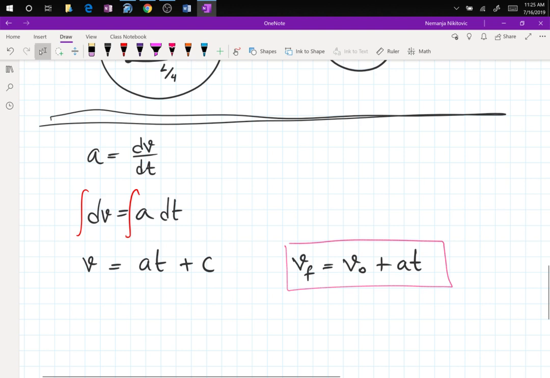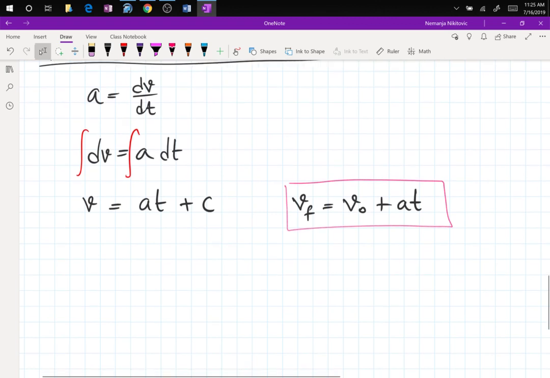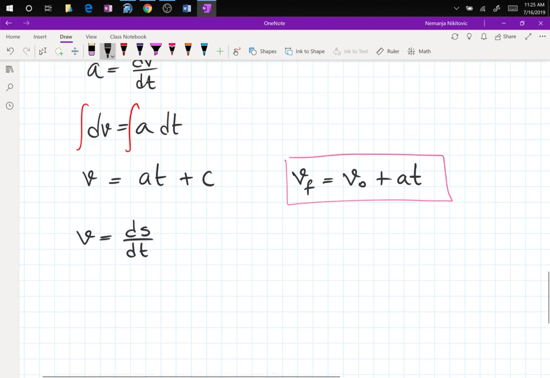And finally, the differential equation to determine position if you have velocity. Let's say you have a velocity function given. So velocity is change in position in time. If you have this given to you, you can say that change in position is equal to velocity times dt, which is again separation of variables.